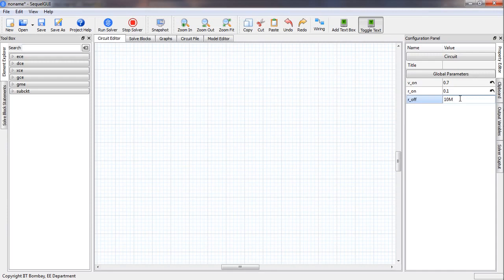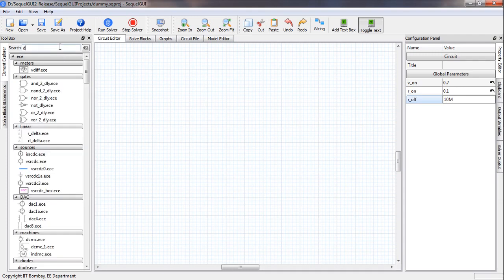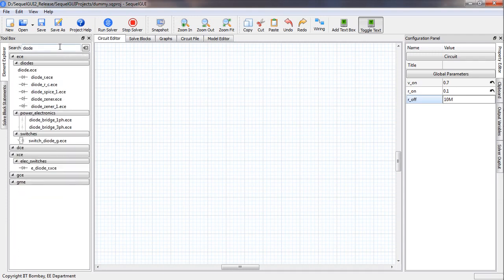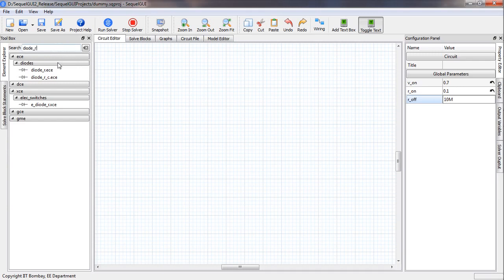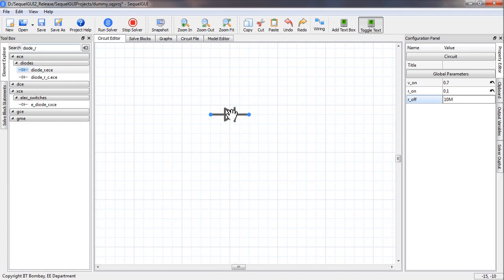And when we bring in the diode now, we can use these parameters to assign as properties of the diode. The diode model that we are looking for in this project is called diode R. So let us bring that in like that.